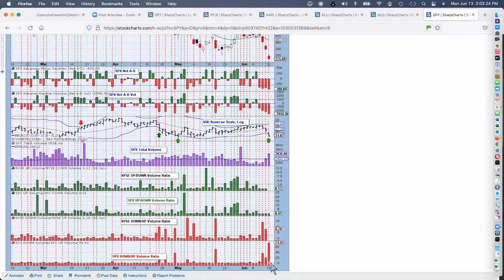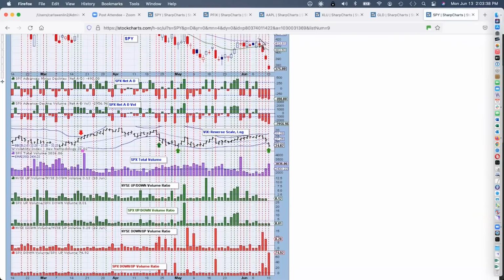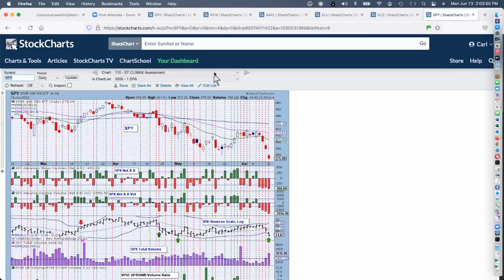And it's easy for the S&P to get really high readings, but I expect we'll see something like this from the New York Stock Exchange. We've had initiation, downside initiation, and exhaustion. And there's not any way to say that it's over.